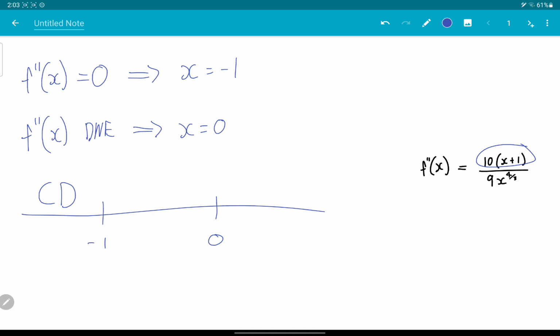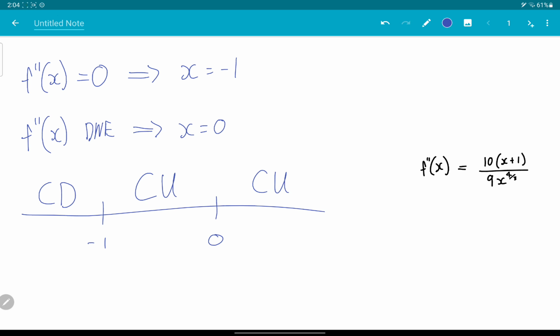And then if I plug in something, say -1/2, look at my numerator, I get plus on top. So plus overall, concave up. And finally, if you choose something bigger than 0, you get positive over positive, giving you concave up again.